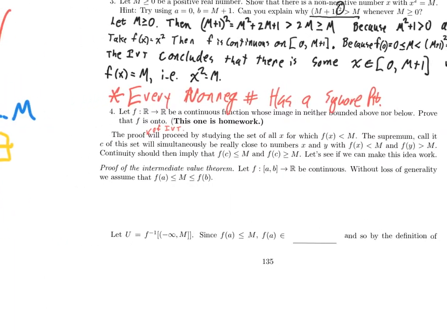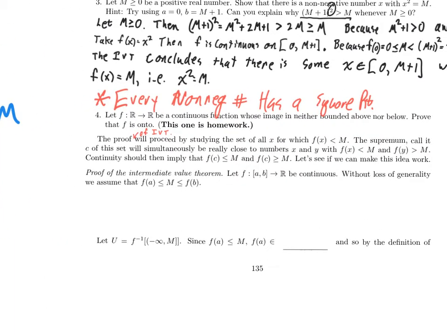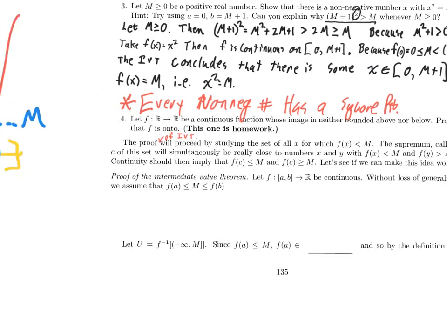So the thing that I just drew is the set of all x's for which f of x is less than m. The supremum of that set, let's call it C. So let's go ahead and go over here.